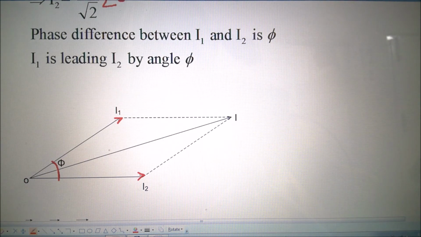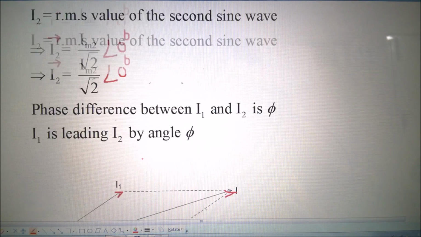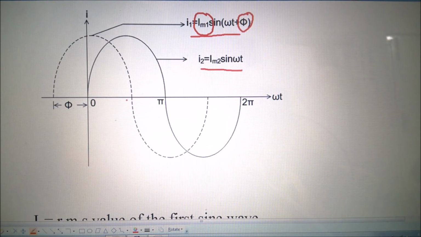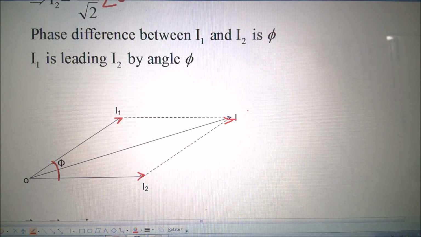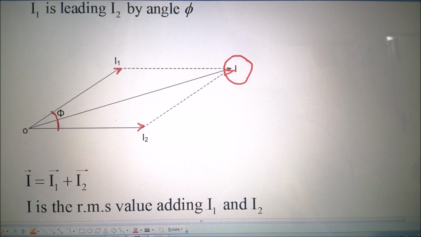Now, if we sum these two vectors, I1 and I2, we get I, the vector sum of two sinusoidal quantities. Here you can see I, where I1 and I2 have been vectorially summed and the resultant is I. These are all vectors. I is the RMS value of adding I1 and I2.